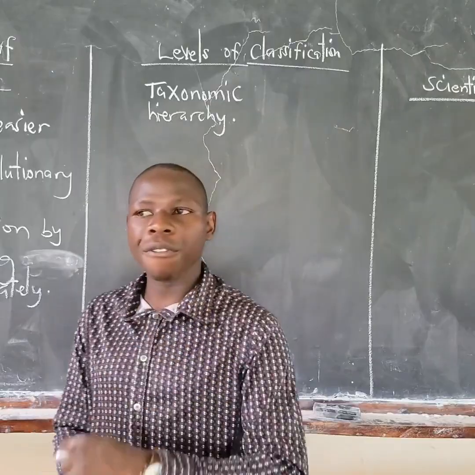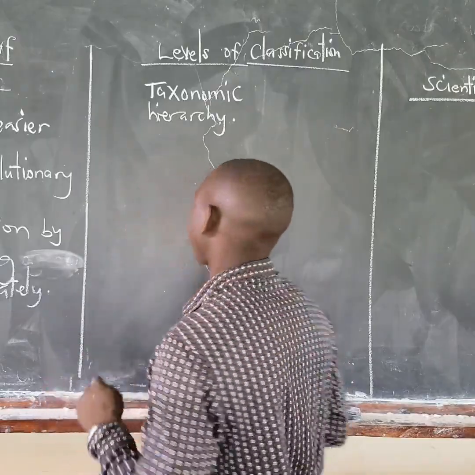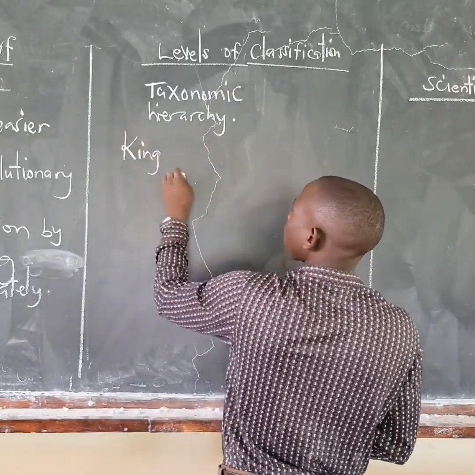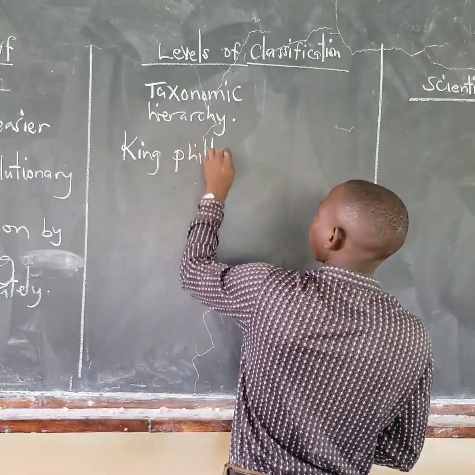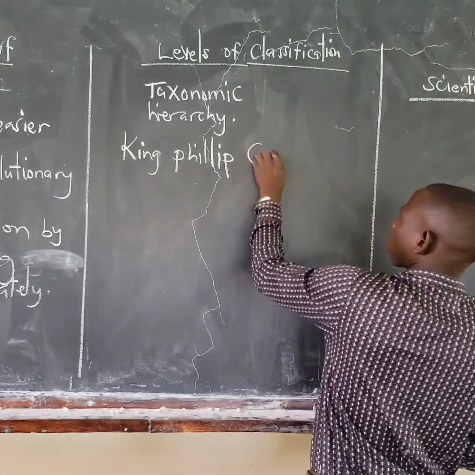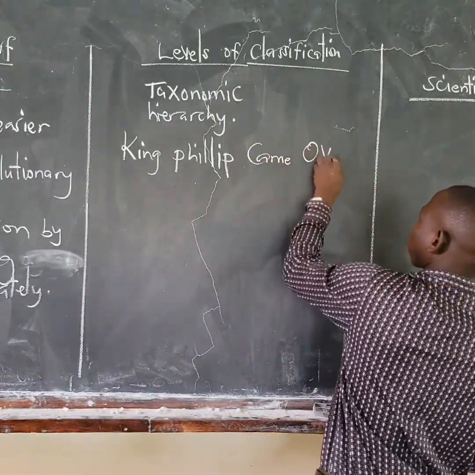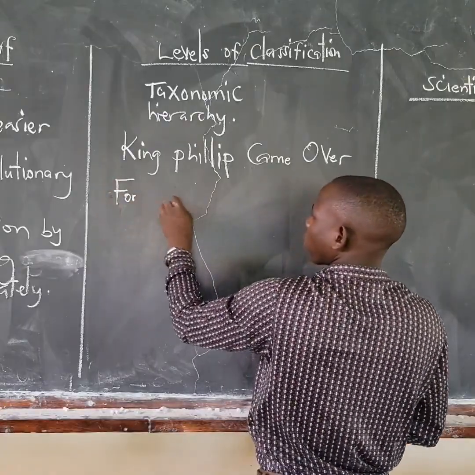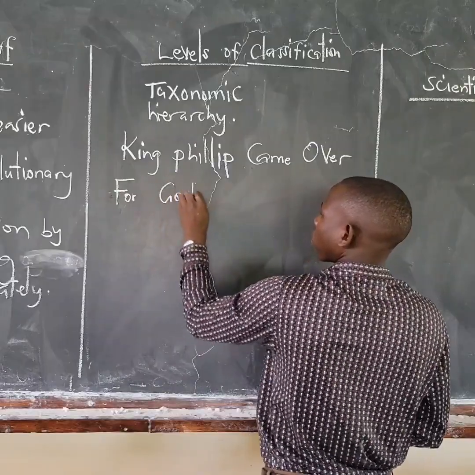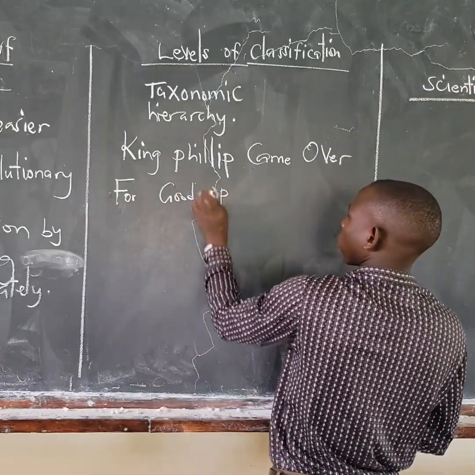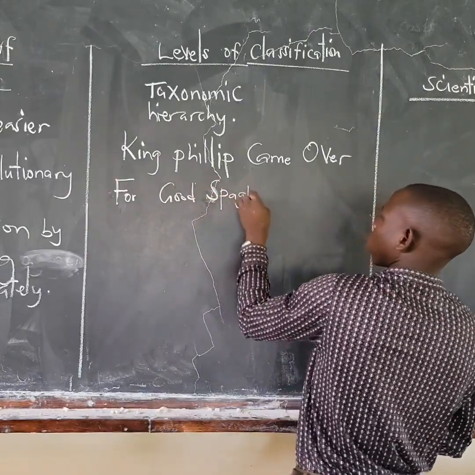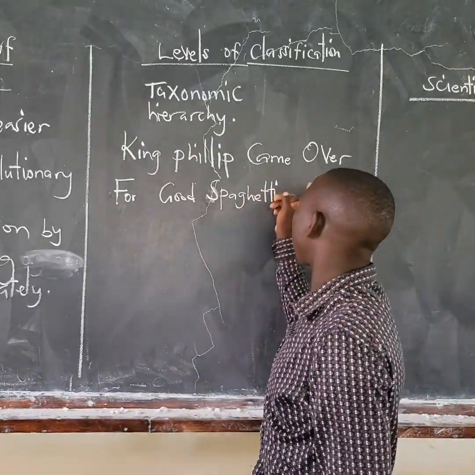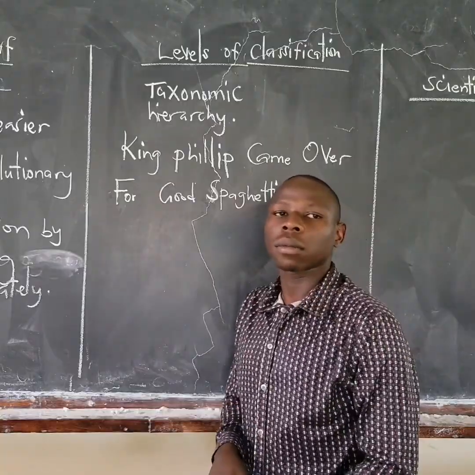And now, here we have a mnemonic, which says: King Philip came over for good spaghetti.